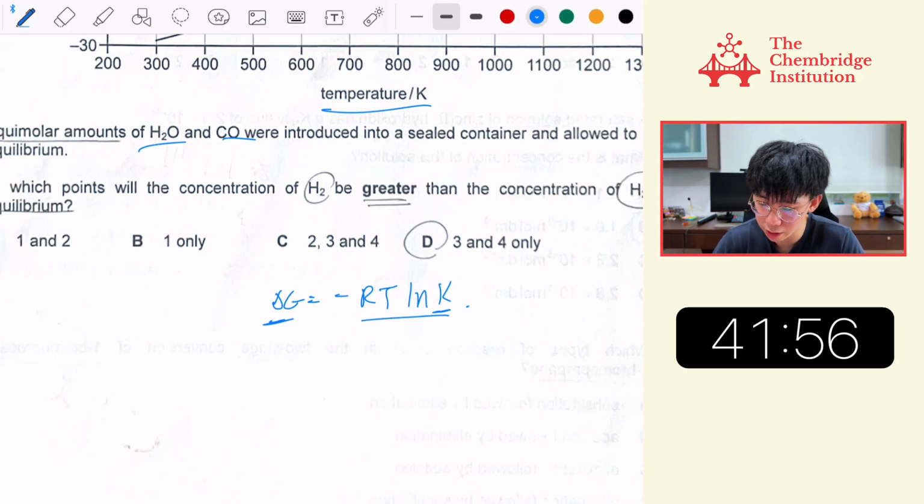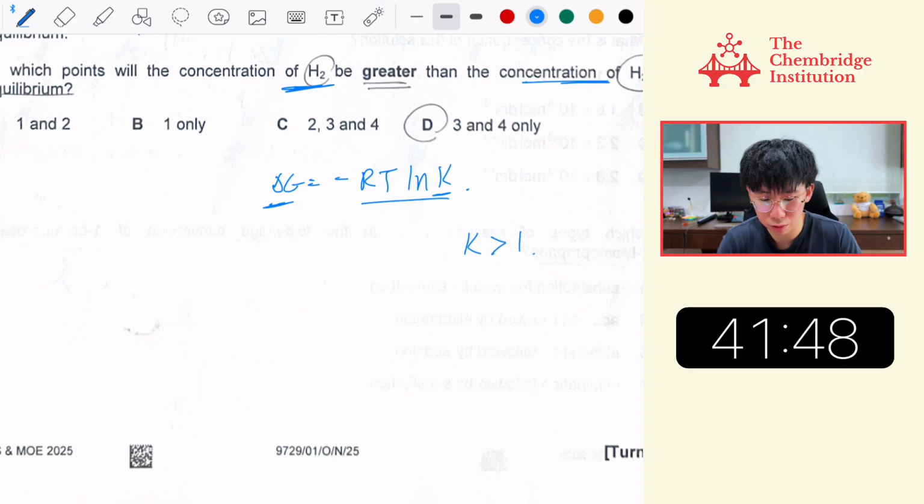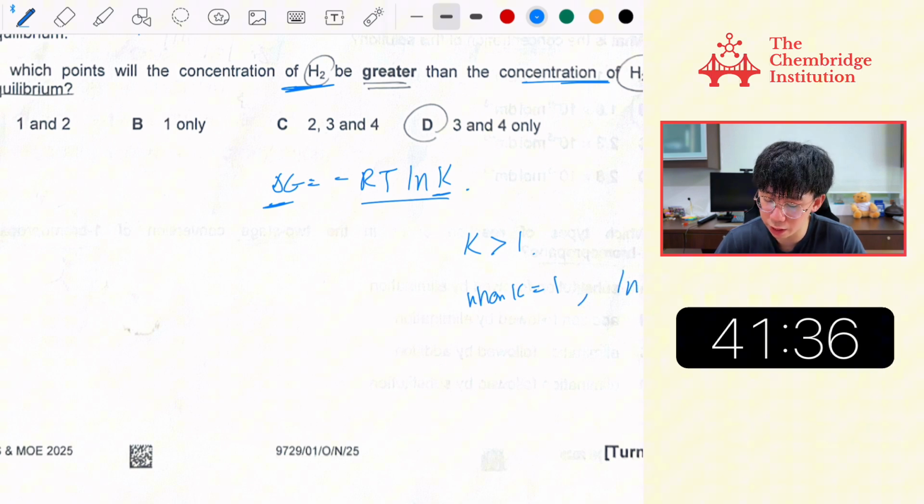So basically for the concentration of H2 to be greater than the concentration of H2O, your K needs to be greater than 1. So when K equals 1, ln K basically equals 0.